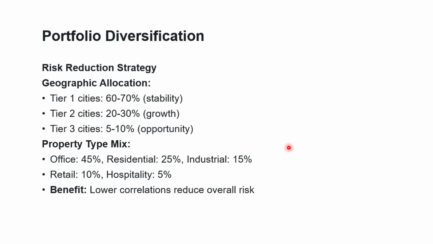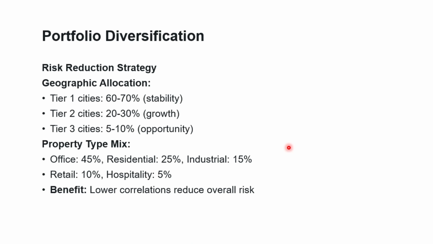If two different properties are, for example, office and hospitality, they might have less correlation between them. Correlation means that their movement together is not exactly the same.